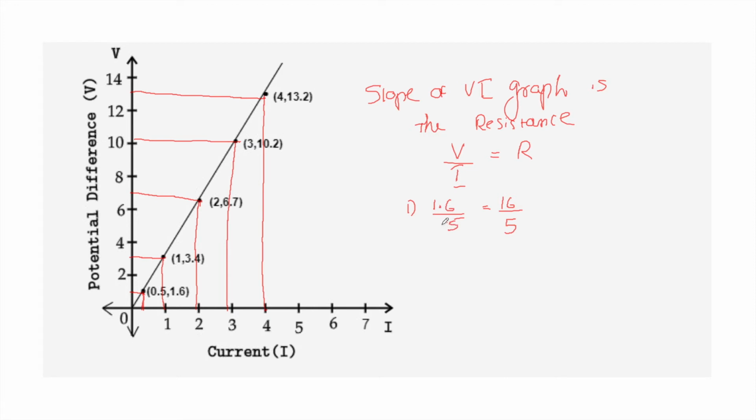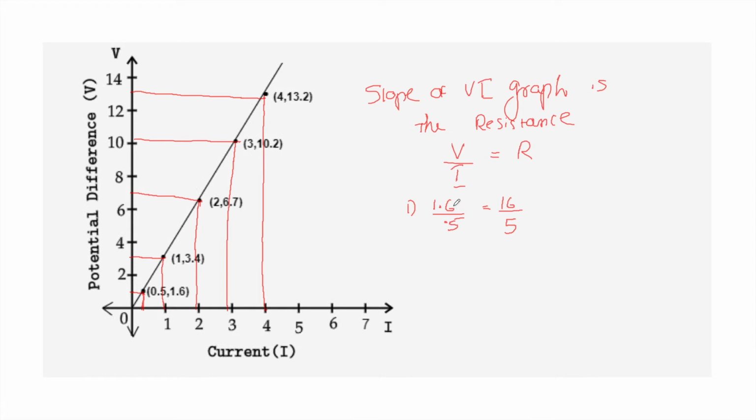For removing the decimal part I can multiply with 10 in the numerator and denominator part. Okay, how many decimal points are there? That much zeros we can multiply, like 1 decimal point you can multiply with 10, 2 decimal points you can multiply with 100, like that.